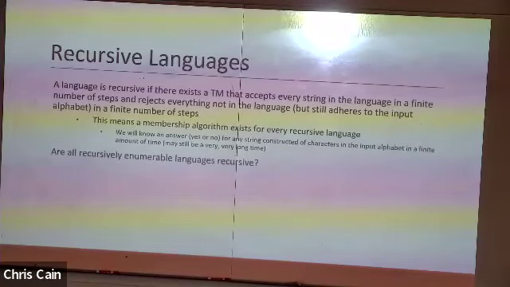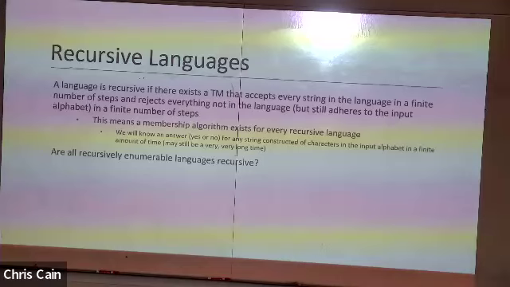So here's an interesting question. Are all recursively enumerable languages recursive? Yes. Why? Because they have the same restrictions, except one. Recursive is a subset of recursively enumerable, or, sorry, yeah, no, you're right, but I think you flipped the idea here.